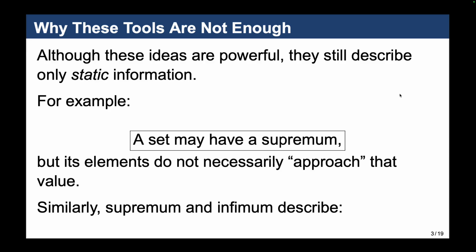Although these ideas are powerful, they still describe only static information. For example, a set may have a supremum, but its elements do not necessarily approach that value. Similarly, supremum and infimum describe.